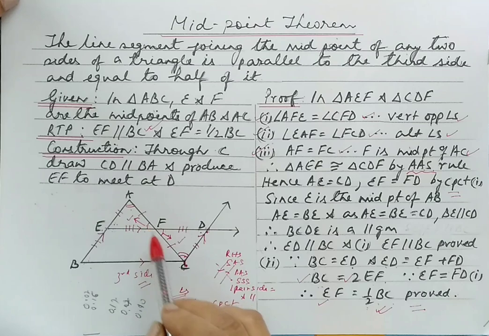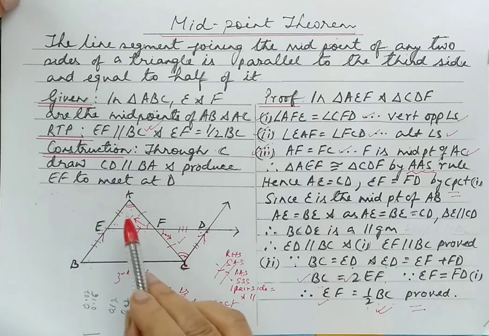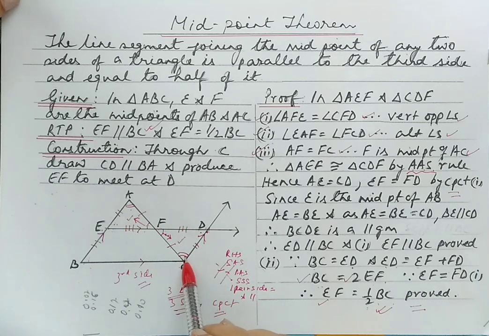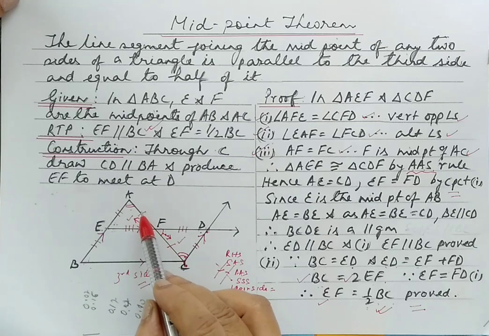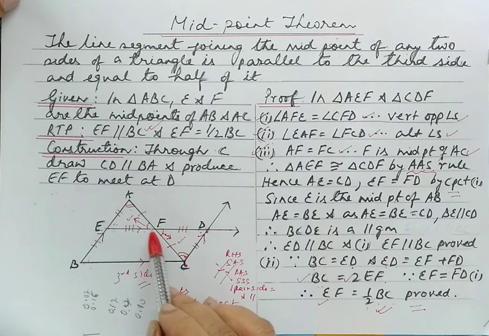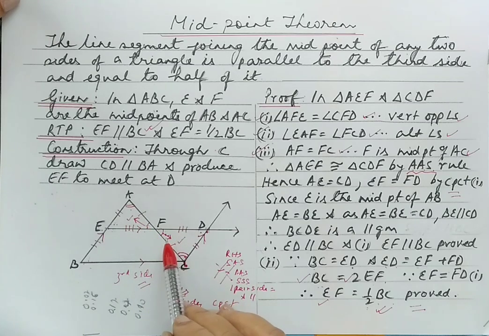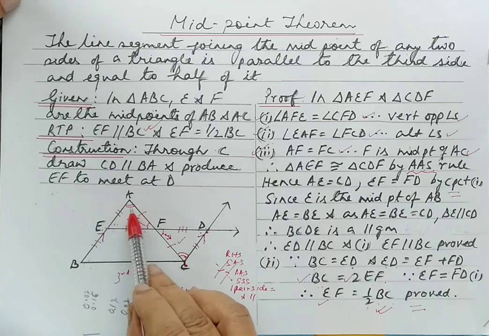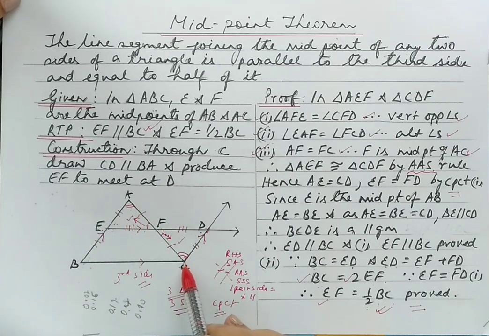So this angle is equal to this angle. This angle is equal to this angle. This is equal to this because they are vertically opposite angles. When two lines intersect each other, we know that the angles formed on the opposite sides of the two intersecting lines are equal to each other. We have done this in lower classes. We have angle A equal to angle ACD, right?